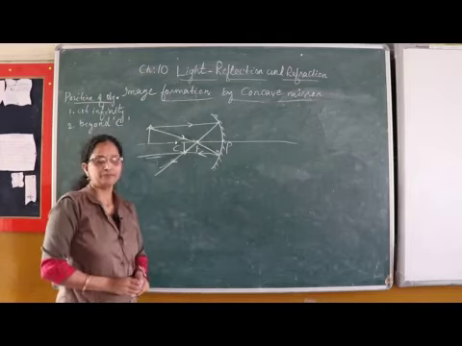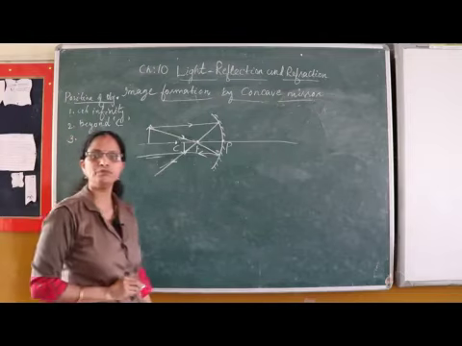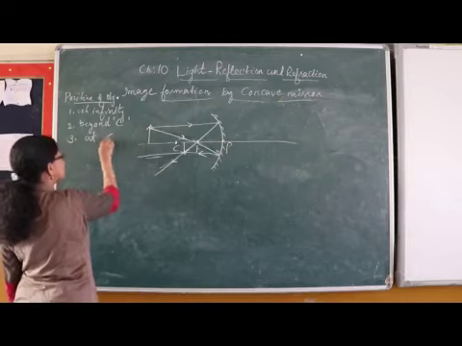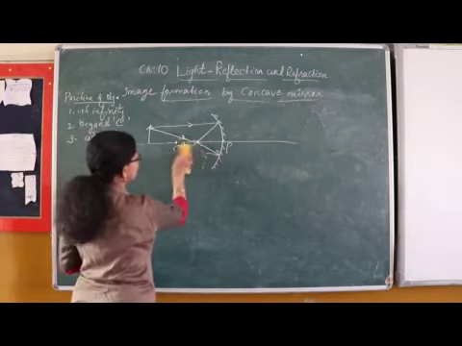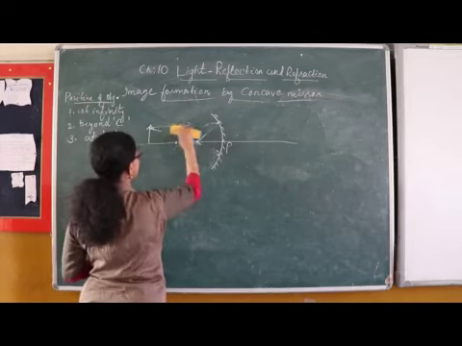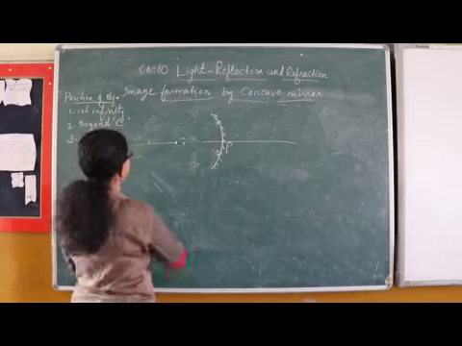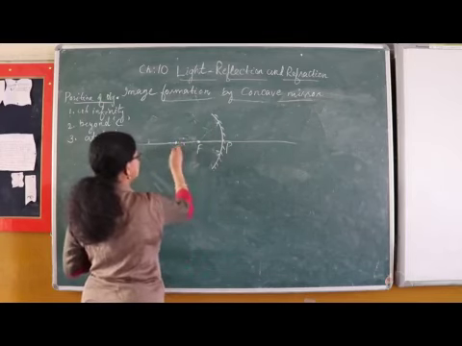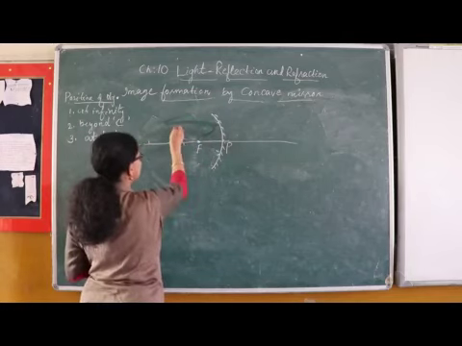Now the third situation is when the object is kept at the center of curvature, at C. Now we can see in this case how the image is formed. Here we have the principal axis, F and C, and now we are keeping the object at the center of curvature.